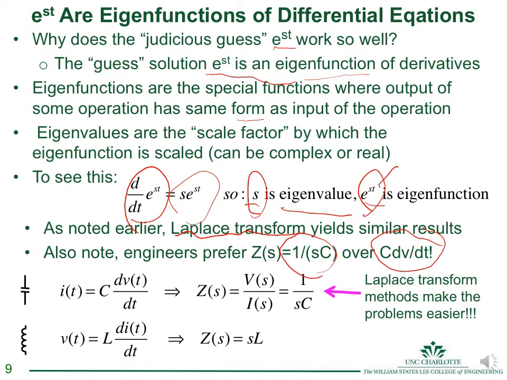Typically in a circuit, when we see a capacitor, our interest really is its impedance, the ratio of the voltage to current at a given frequency determined by s equals j omega. Same thing with inductors. Often we're most interested in the impedance of the inductor. And of course, what we see in both these cases is the Laplace variable is the thing that determines the impedance.